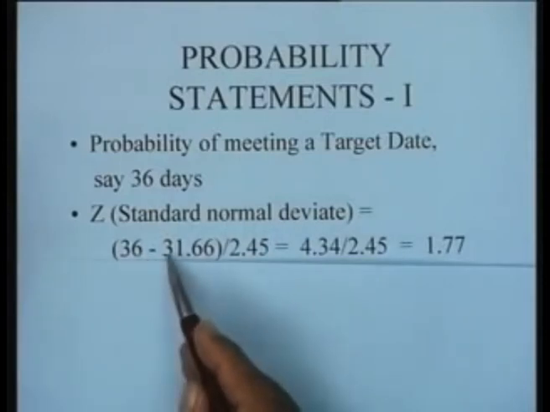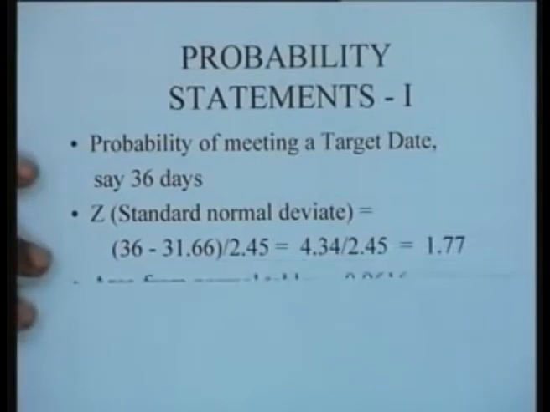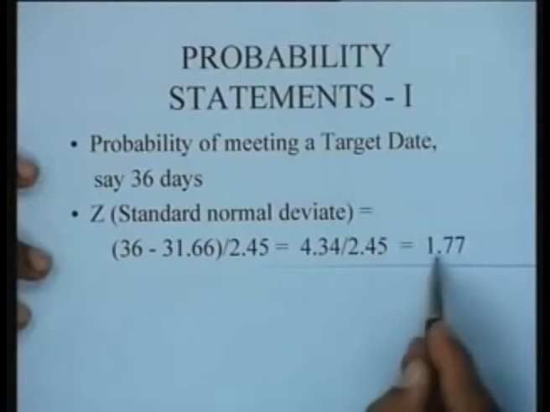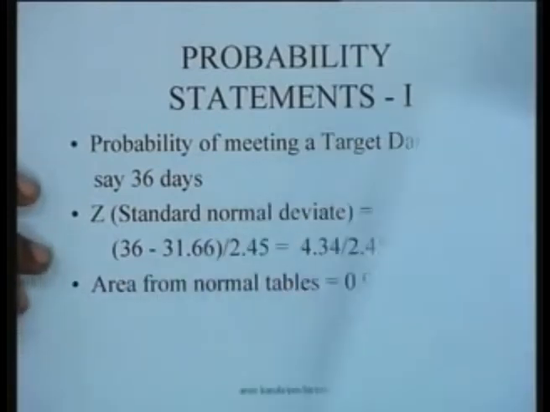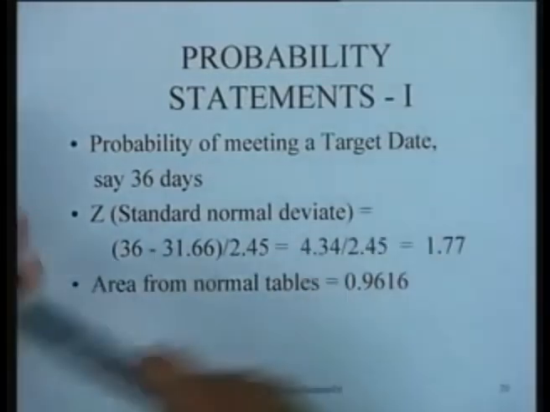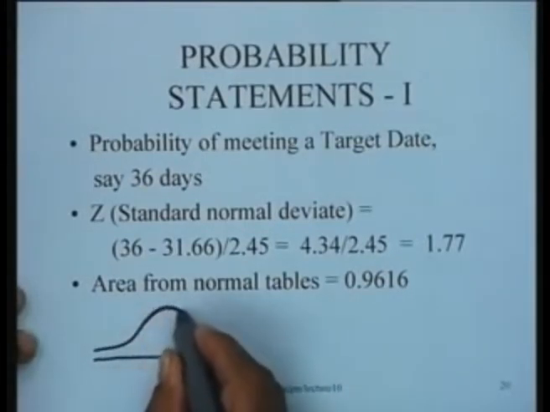So 36 minus the mean value of the distribution, which is 31.66, divided by the standard deviation, which is 2.45, and this particular value works out to 4.34 divided by 2.45, which is 1.77. Then you can refer to the standard normal tables, and what we are actually looking for is that the normal distribution is actually a distribution which is something like this.